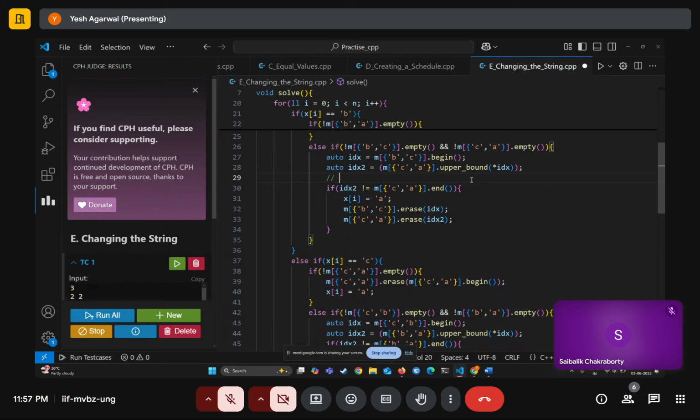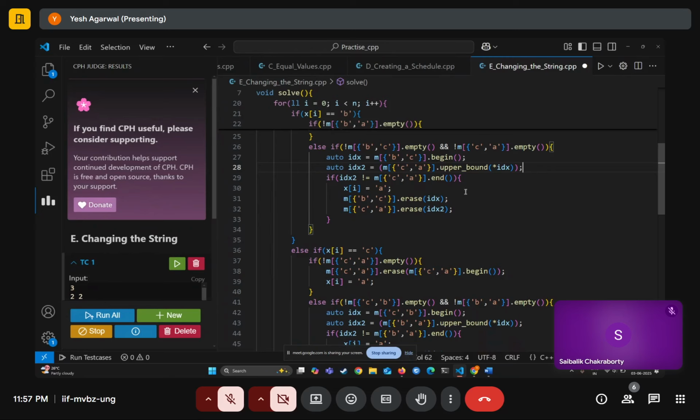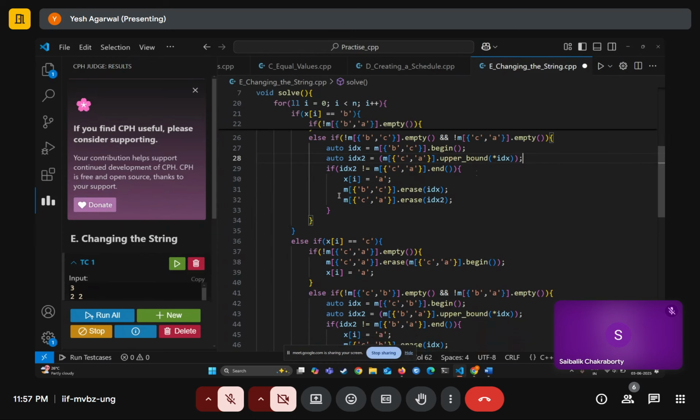Because here the index cannot be the same. Otherwise it would have given an issue. So if equality matters to you, and it's okay with you, then you should use a lower bound. But since it doesn't really matter here, as all the indexes are pairwise distinct or unique, whatever you call it, we'll do that.